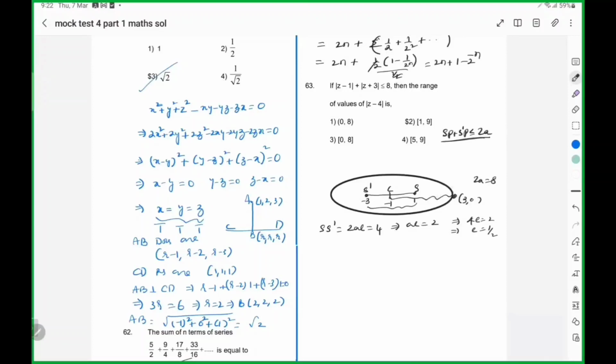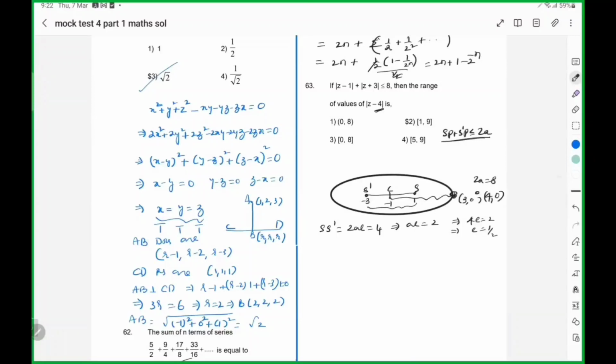So where can we take Z? If I take a Z here, Z minus 1 plus Z plus 3. He is asking that Z can be inside the ellipse or on the ellipse. Here he has given 4, which will be somewhere here.